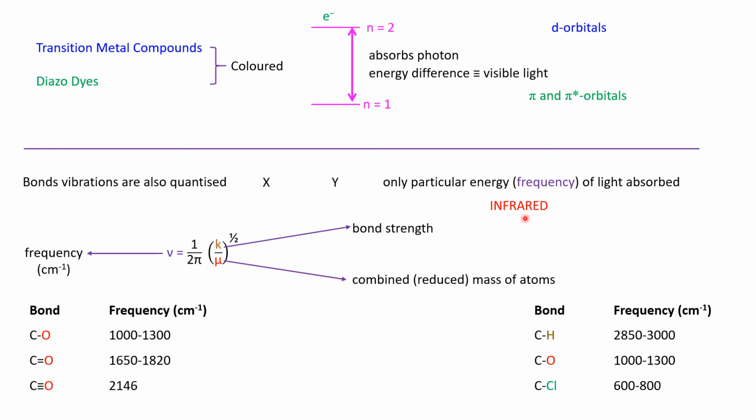That energy falls in the infrared part of the spectrum, and the energy needed increases as the bond strength goes up, therefore more energy, higher energy or frequency for a triple bond compared to a double bond compared to a single bond, and the frequency decreases as the mass increases. Thus the lighter bonds, the atoms at the ends of the bonds that are lighter, need much higher energy than the big, old, heavy, chunky ones like chlorine.